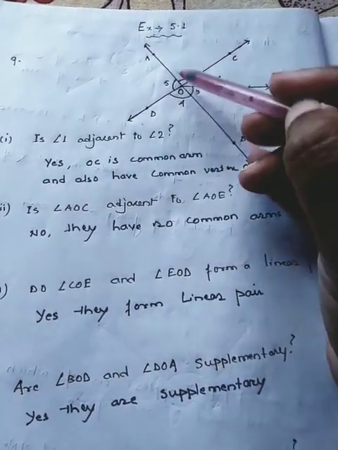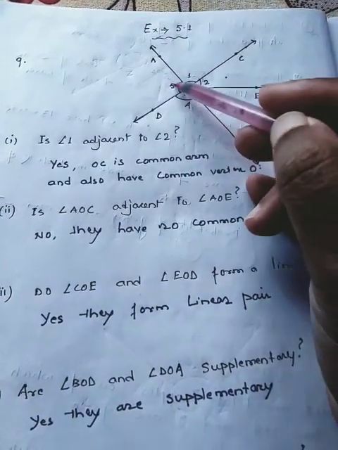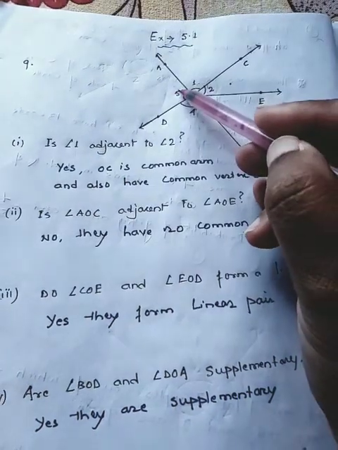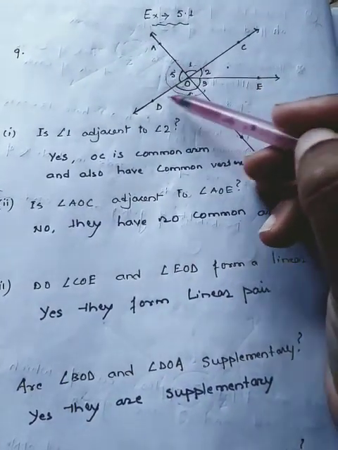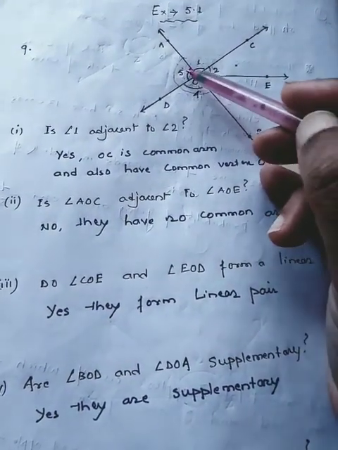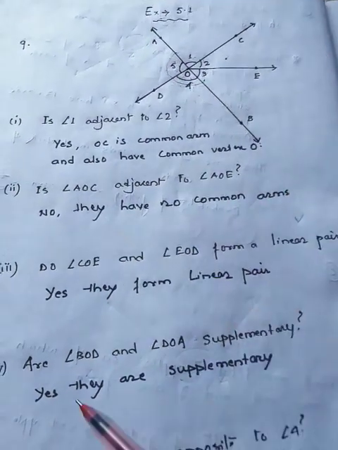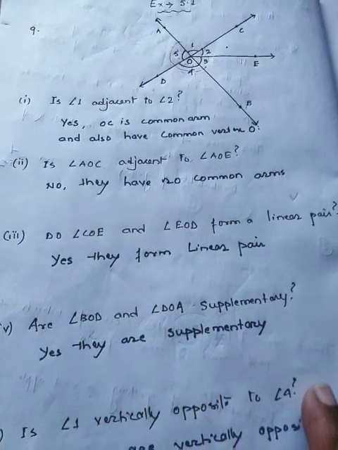When the angles are on the straight line, then they are supplementary. This angle plus this angle equals 180 degrees, because this whole angle is 180 degrees. This whole angle is divided into two parts, angle 5 and angle 4. If you add angle 5 and angle 4, it has to come to 180 degrees. So we can say yes, angle BOD and DOA are supplementary to each other.